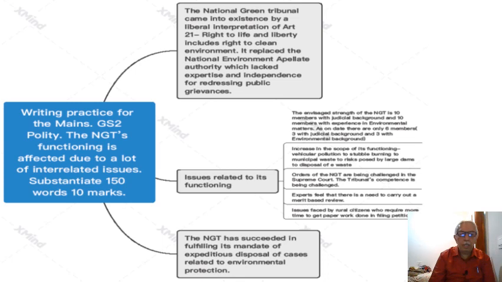Then you see the scope of its functioning. The increase in its functioning, the multifaceted roles. Vehicular pollution to stubble burning in the northern states, how it intervened because of the smog spilling over to the National Capital Territory of Delhi and other neighboring states.